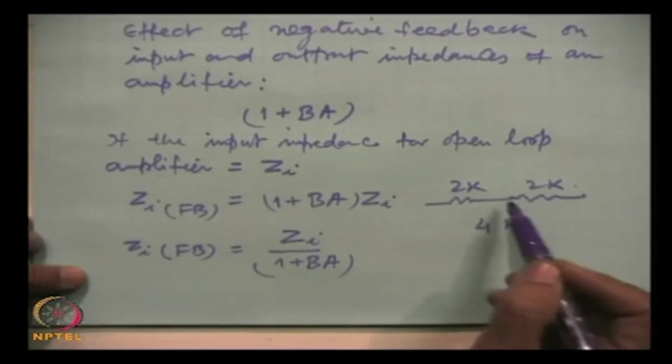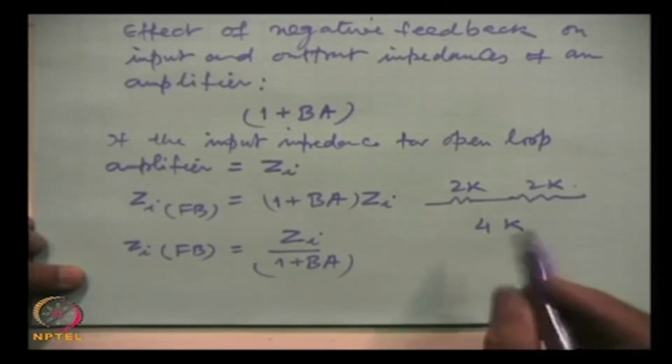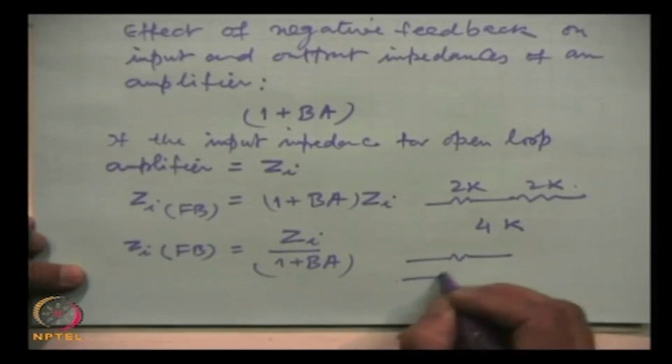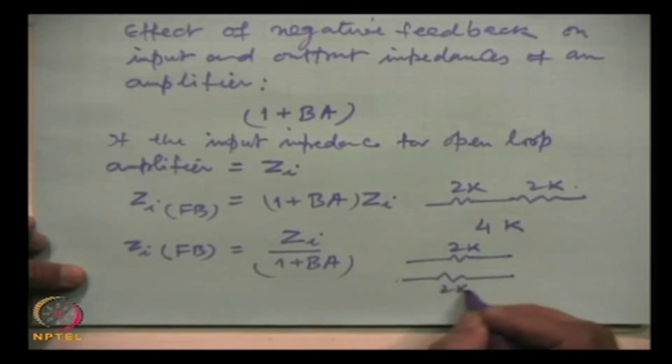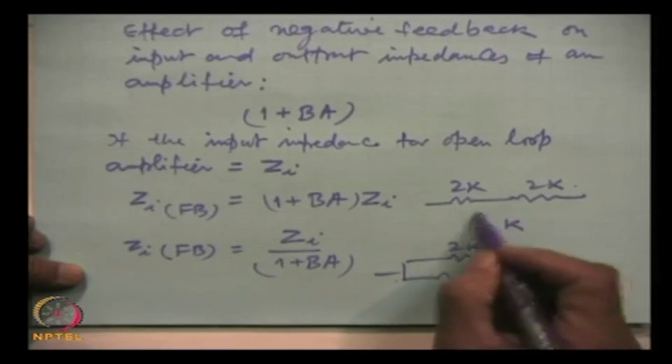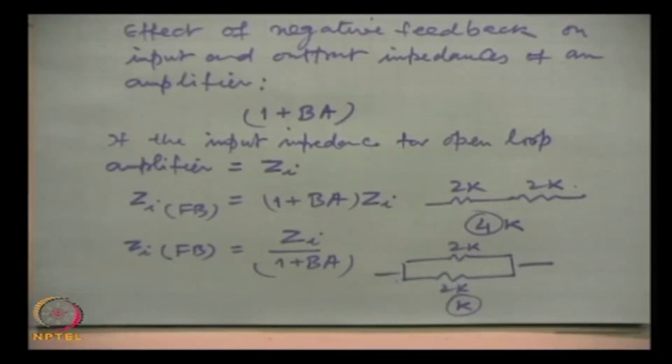If the same 2 k and 2 k impedances are connected in parallel, then apply the simple resistance rule: 1 by 2 k plus 1 by 2 k is equal to 1 by effective resistance, and that comes out to be 1 k. So this is reduced to 1 k. So in shunt they reduce, in series they increase.